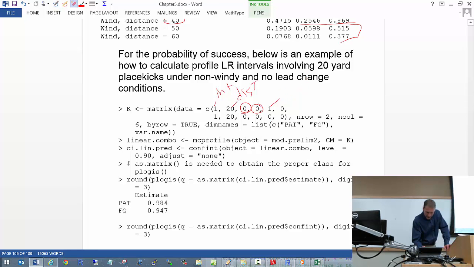I apologize. I'm sorry, I'm comparing wind is equal to 0, change is equal to 0. I'm fixing those. Looking at 20-yard place kicks, and I'm comparing PAT versus not PAT. Sorry, PAT versus field goal. So this is, then it is a PAT, it is a field goal.